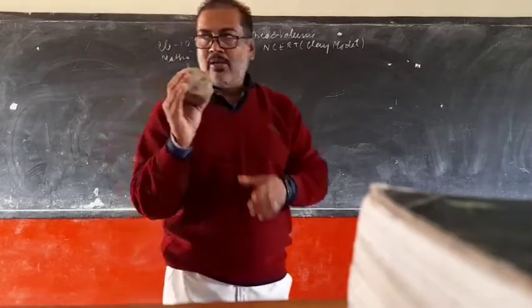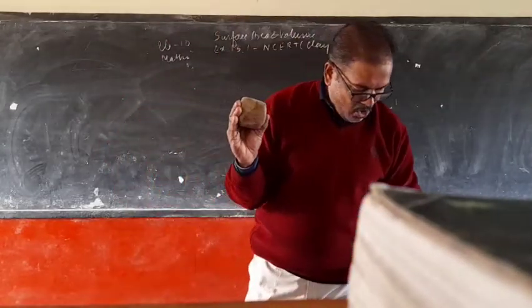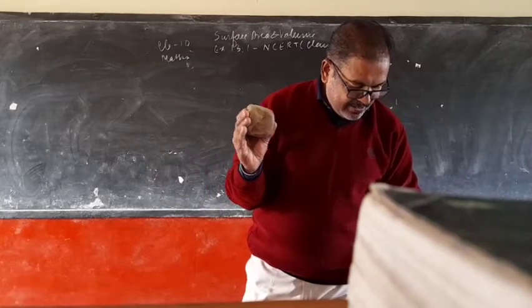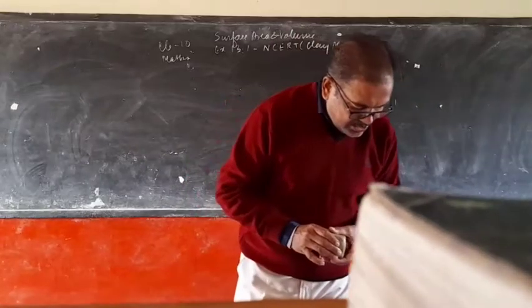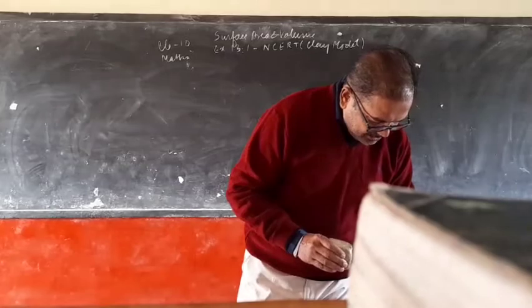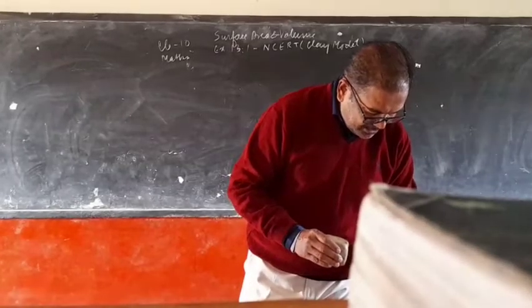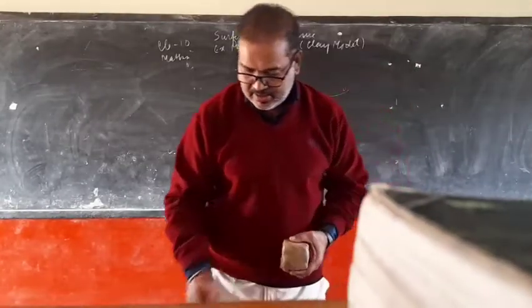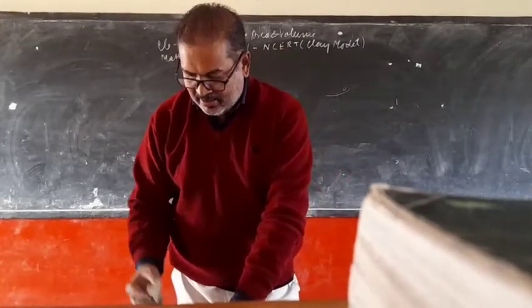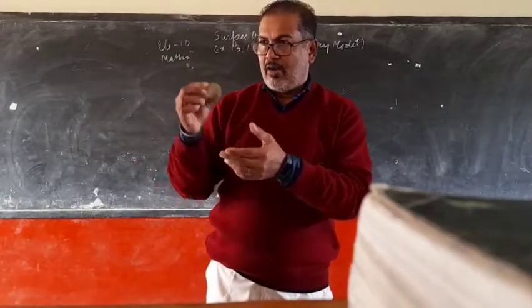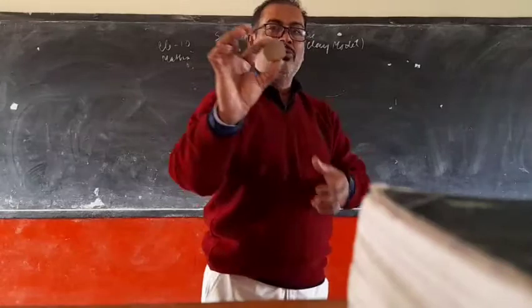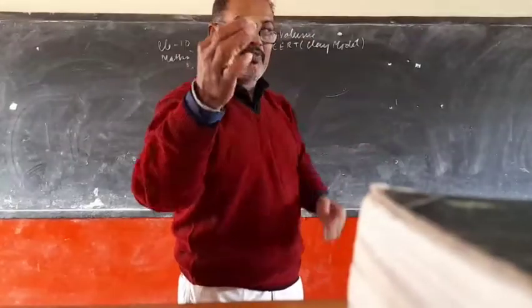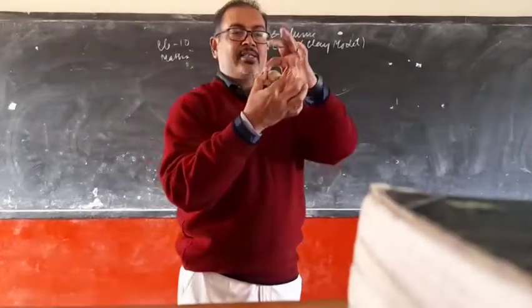So a cubical block of side 7 centimeter is surmounted by a hemisphere. So I make a clay model of a hemisphere. Is this hemisphere visible, children? This is a hemisphere. This is a circular base and this is the lateral surface.